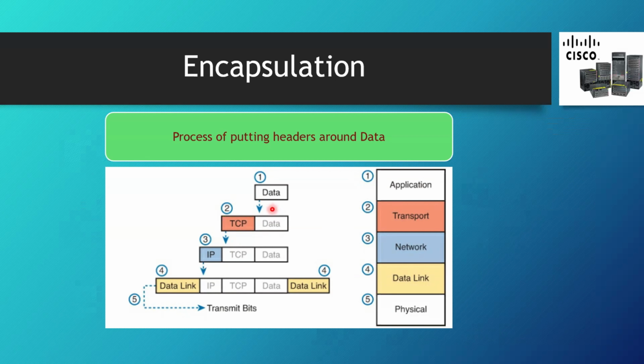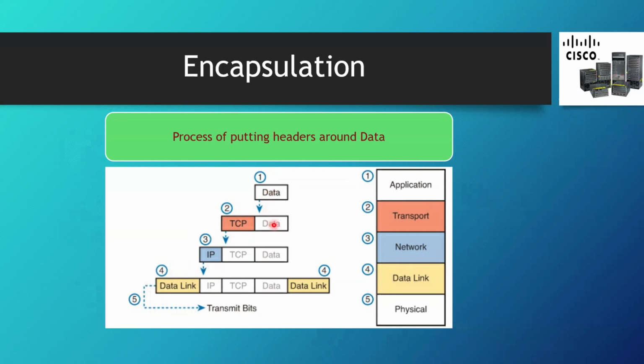During that time, with my email or with my data, all the layer headers will be added. For example, TCP header will be added. That means TCP information, IP information will be there. Data link means MAC address information will be there, and eventually that information will be transmitted as bits.